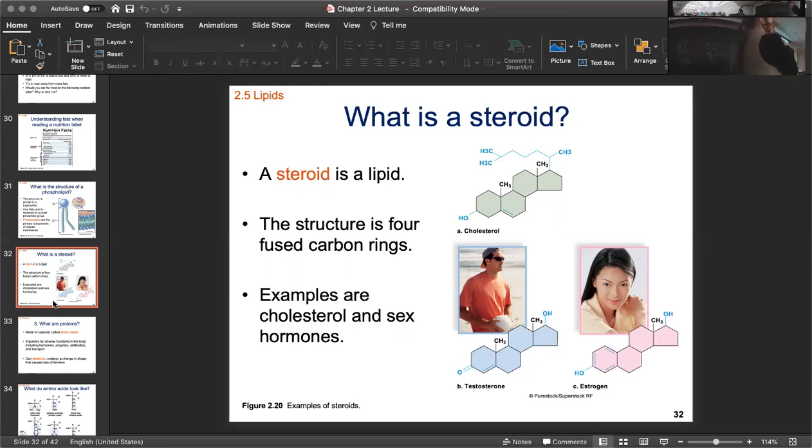Okay, now when somebody uses steroid molecules or like a testosterone booster, things like that, that's a steroid, that's a lipid. Okay, not all steroids are bad. Like I talked about, your doctor may prescribe you a steroid to take care of a rash on your arm. If you're an athlete, they're not going to kick you out of your sport just because you used your steroid cream on your arm.